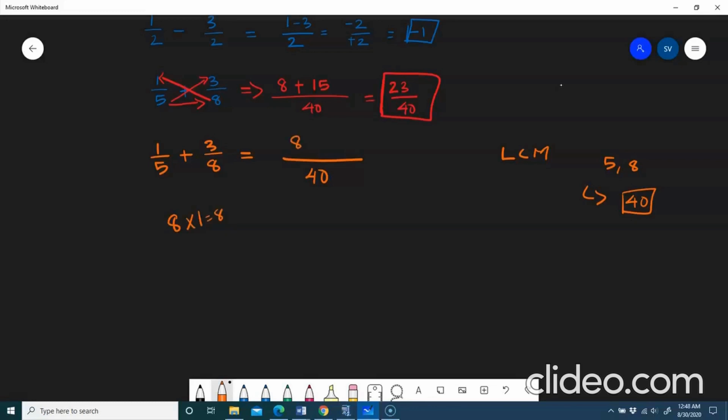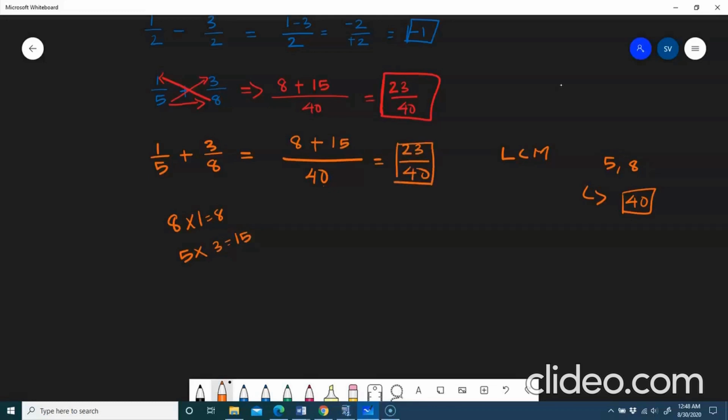Write that here, 8. Put the sign, plus. Again the same process, 40 divided by 8, that is 5. Multiply that answer with this numerator, that is 15. Write that here. See, now we are reaching the same answer. 15 plus 8 is 23, 23 by 40.